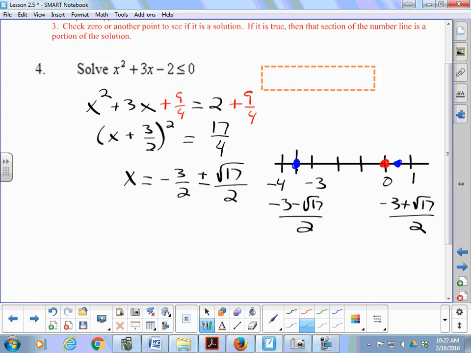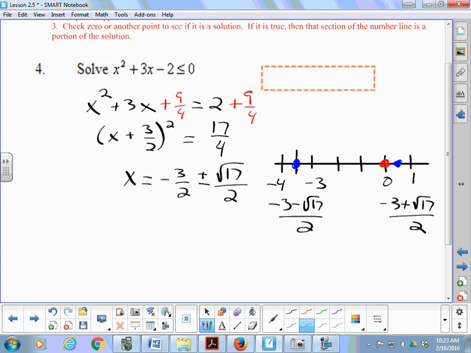It says less than. Less than, and. The other symbol would be greater than, or, and it would be outside.